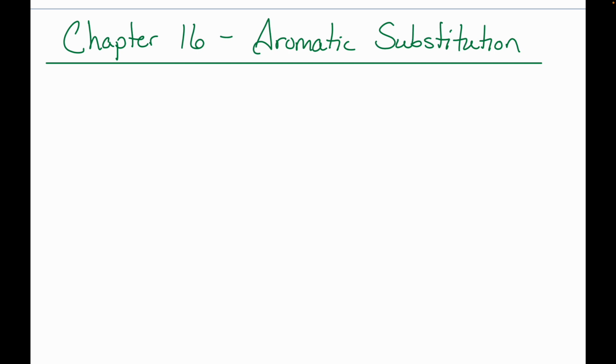All right, and the bucket of reactions that we're going to spend a ton of time talking about over these next two lectures are what are called electrophilic aromatic substitution reactions.